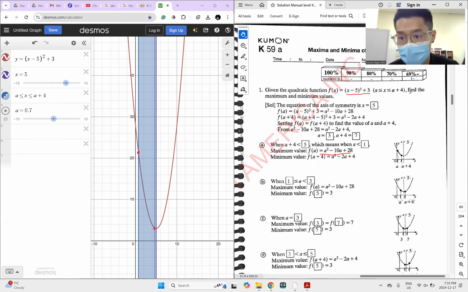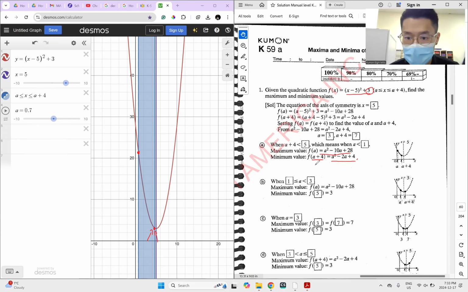On the right side, however, you substitute a plus 4 into (x minus 5) to the power of 2 plus 3, which will be your minimum point. But this minimum is very different from the 3. Why? Because as you can see from the graph over here, it's not really equaling the local minimum, the minimum point of 3.